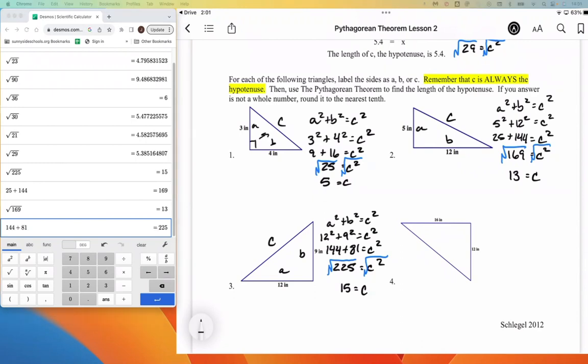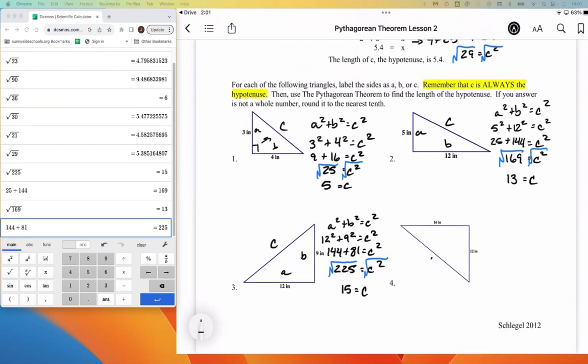Okay, continuing, we have the hypotenuse identified right here as c. We'll call that a, we'll call that b. We've got a squared plus b squared equals c squared for the Pythagorean theorem. So 16 squared plus 12 squared equals c squared. I don't know what 16 times 16 is.